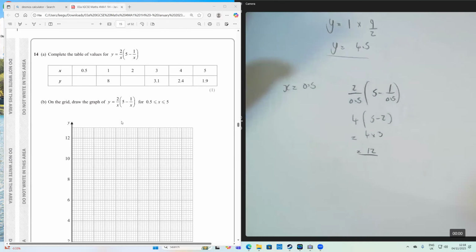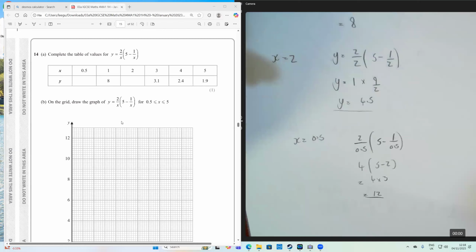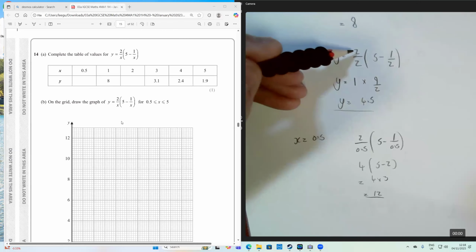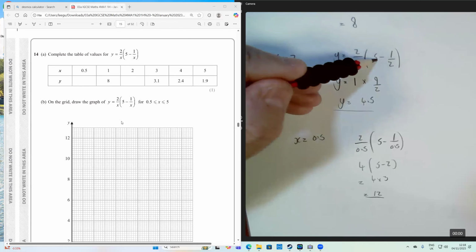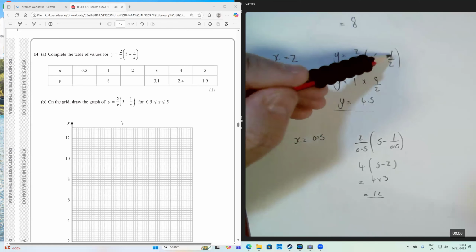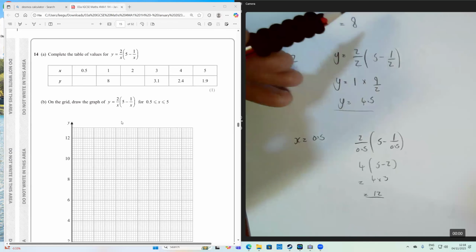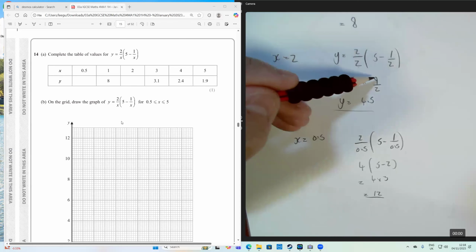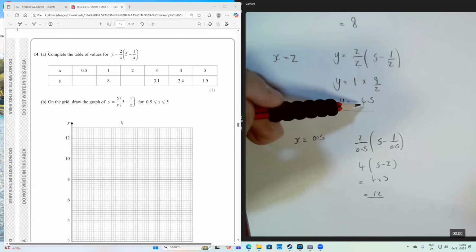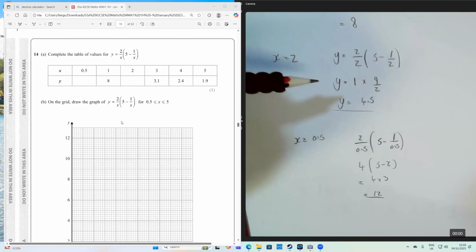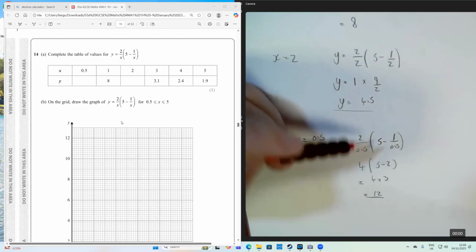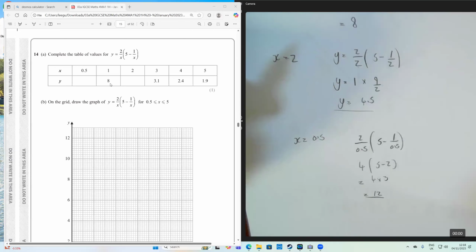Okay. Let's now do the 2. So when x is 2, we're going to have 2 over 2 times by 5 minus 1 over 2. So 2 over 2 is 1, and 5 minus a half is 9 over 2. So that's going to be 4.5. So the missing values there are 12 and 4.5. And if we sketch that, I think I have a little sketch of it here.